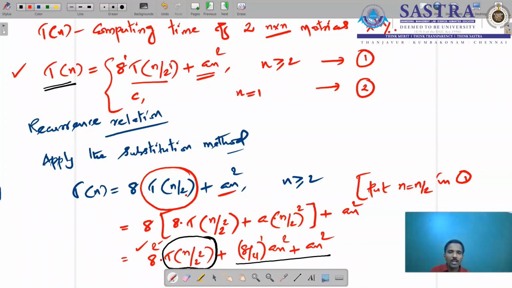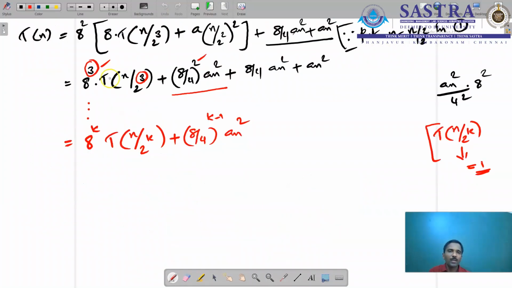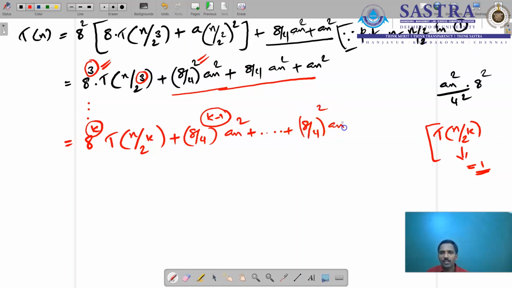So 8 square is (8/4)^1 into a n square. 8 power 3 is (8/4)^2 into a n square. 8 power k means (8/4)^(k-1) into a n square, plus etc. The last three terms are written as they are: (8/4)^2 into a n square plus (8/4) a n square plus a n square.